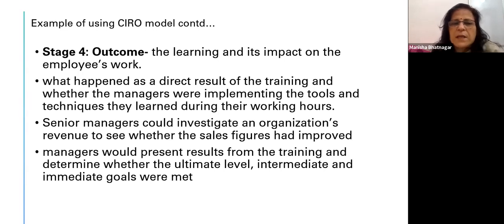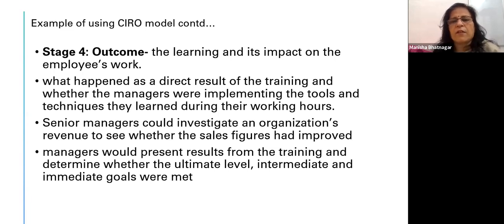What happened as a direct result of this, and whether the managers were implementing the tools and techniques they learned during working hours. Senior managers could investigate the organization's revenue to see whether the sales figures had improved. Managers would present results from the training and determine whether the ultimate, intermediate, and immediate goals were met.